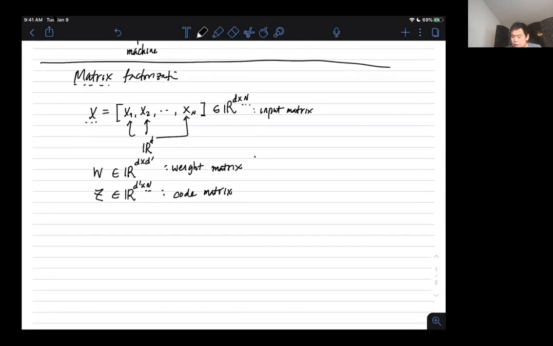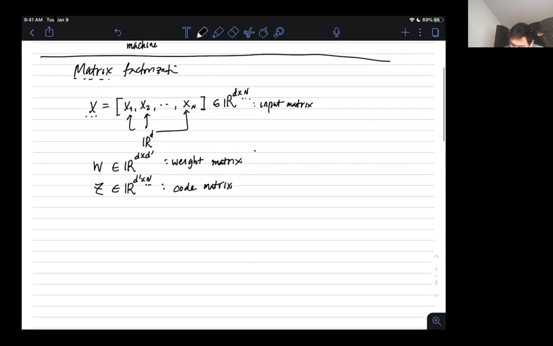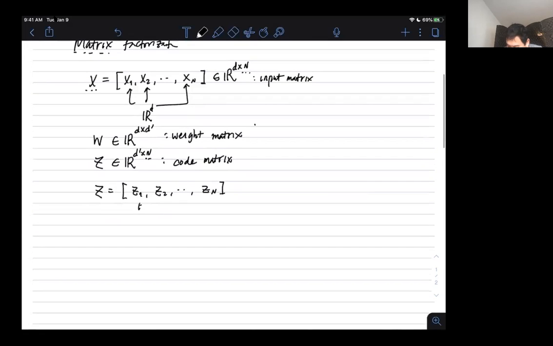Except that the number of rows differs. We can rewrite this Z matrix similarly to how we rewrote the input matrix: Z1, Z2, and then Zn, where each of these column vectors is d prime dimensional.